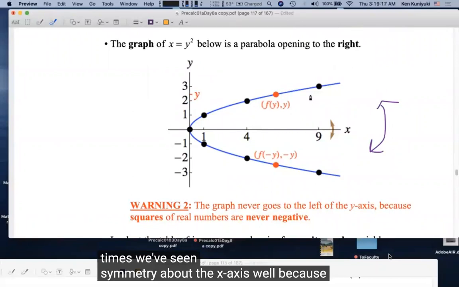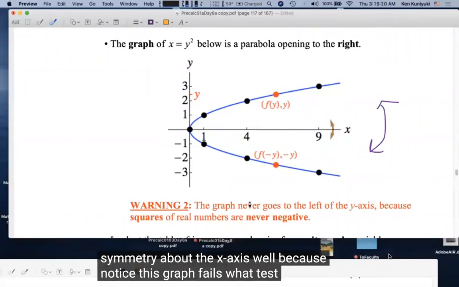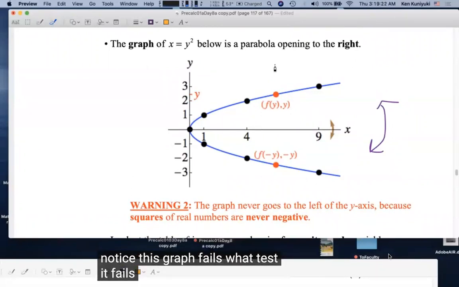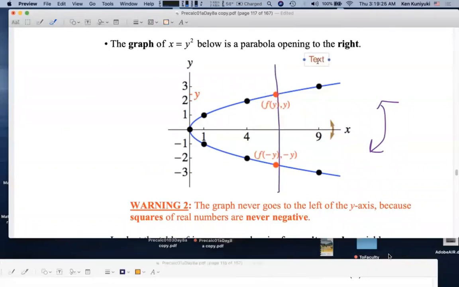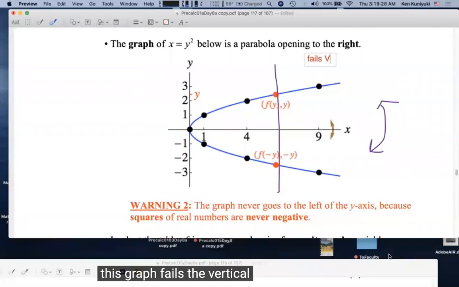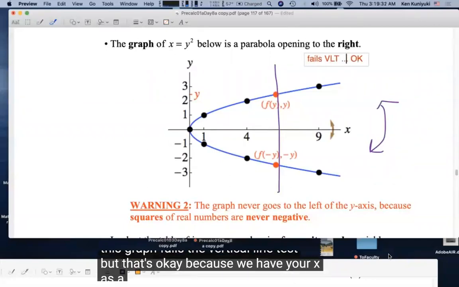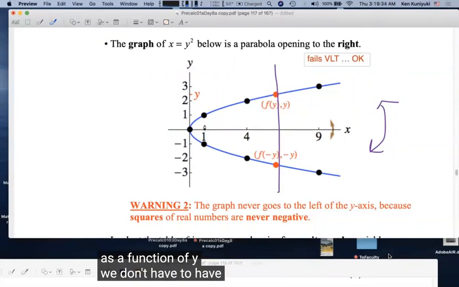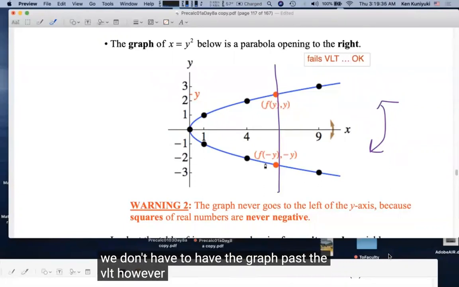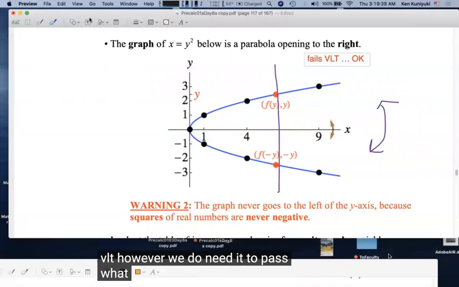Well, because notice this graph fails what test? It fails the vertical line test. But that's okay, because we have here x as a function of y. We don't have to have the graph pass the VLT. However, we do need it to pass what?